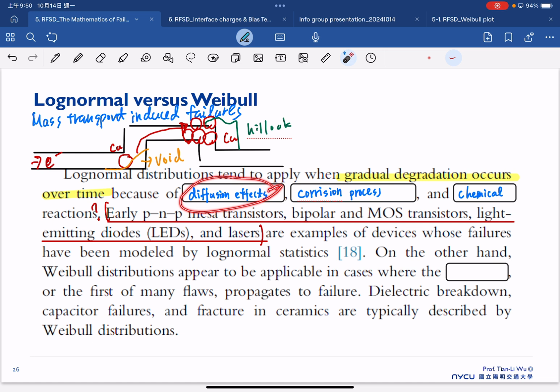So therefore, we actually prefer to apply the log normal distribution to analyze the case of the mass transport induced failure. Sometimes we also call this electron migration.